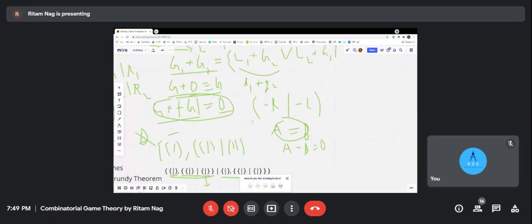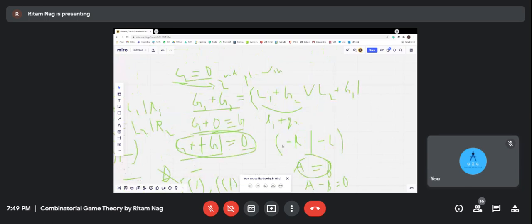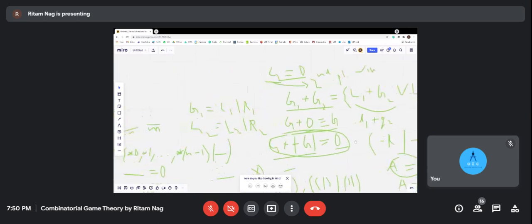We already defined minus for all games. Minus of a game is simply minus R slash minus L. That's true for all games, a global definition. Okay, so for impartial games, the negative of a game is the game itself because of the copycat strategy.